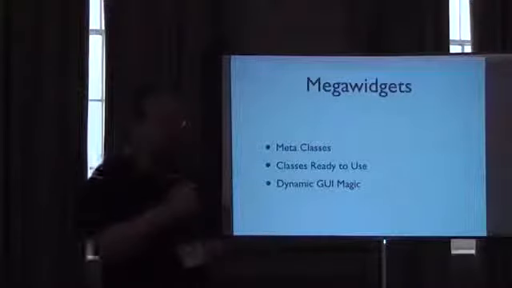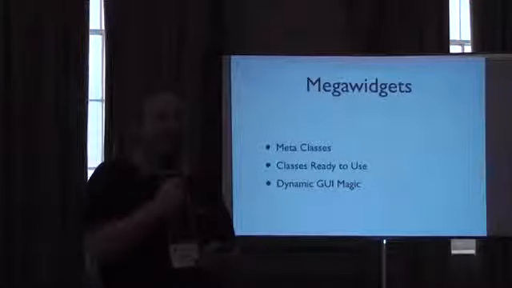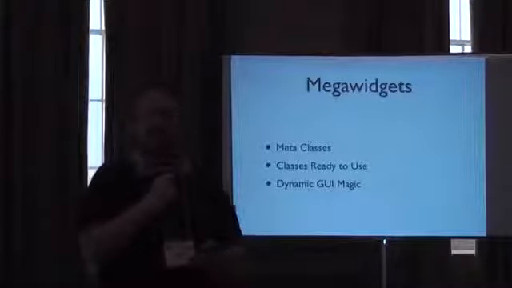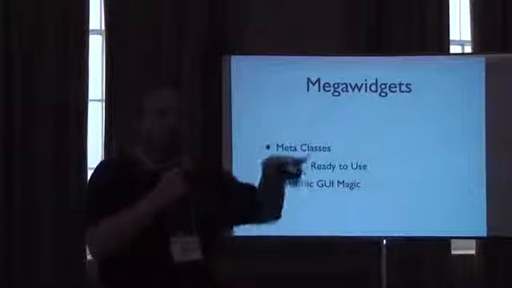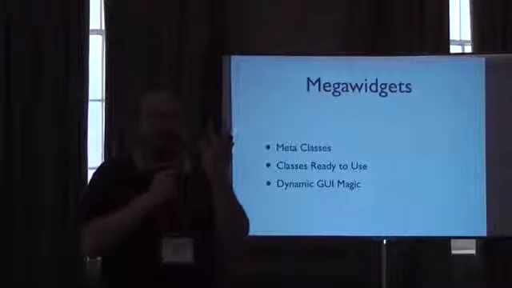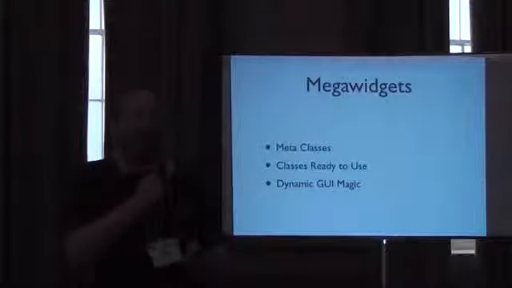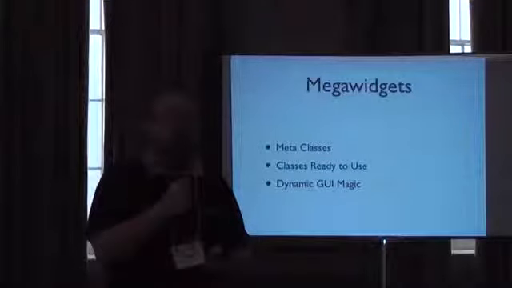I have what I call the classes ready to use. They're classes that sit out in a namespace that look and respond like you'd expect a Tk widget to do. I.e., you feed it a Tk path and it will create a Tk object. And then I have dynamic GUI magic, which I use to produce a lot of displays.